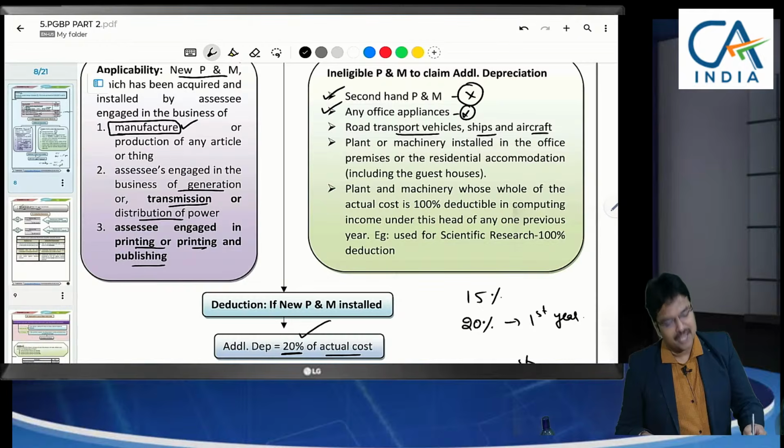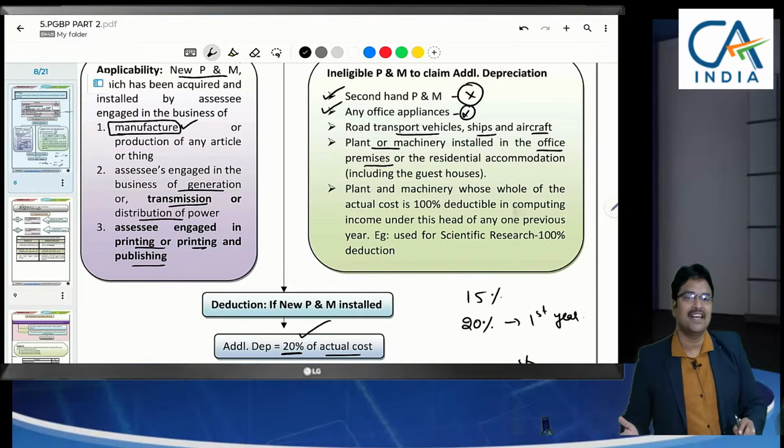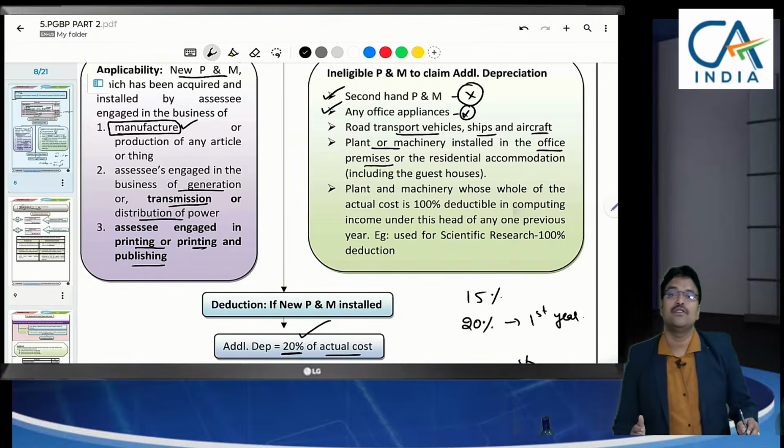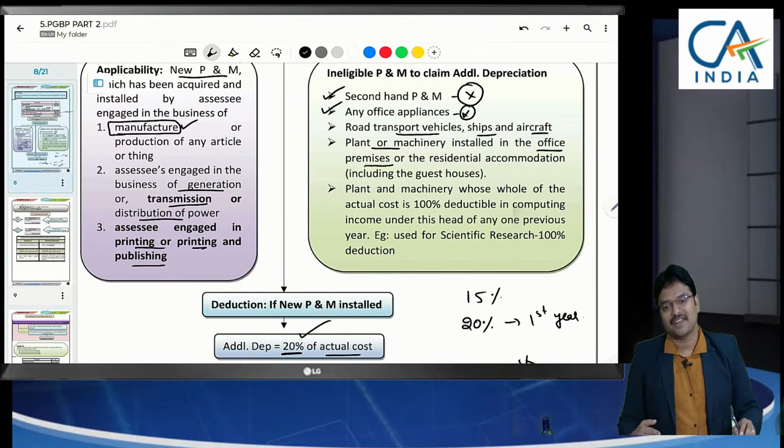Transport vehicles, ships or aircraft, these are not used for manufacturing purpose, that is why you cannot claim. Any plant and machinery installed in office premises you can't claim, because plant and machinery, why we are giving additional depreciation? Because it was being used in manufacture, that is why we are giving.